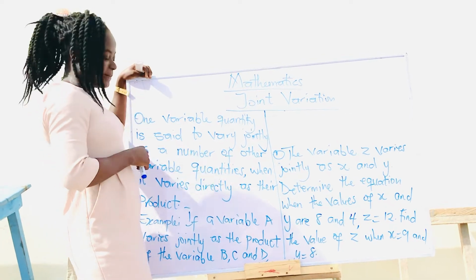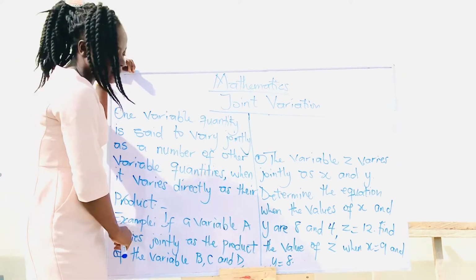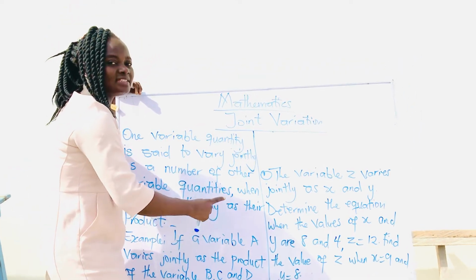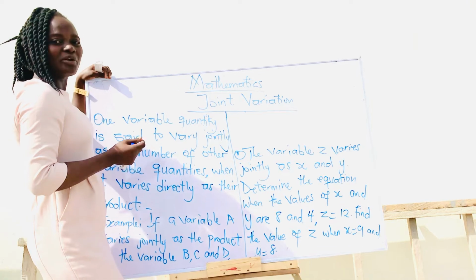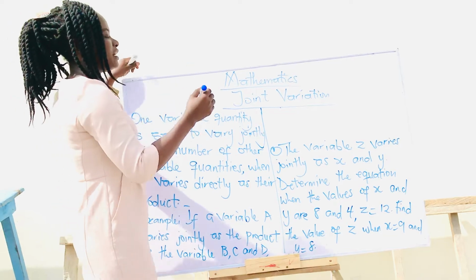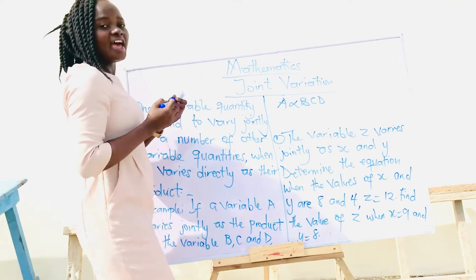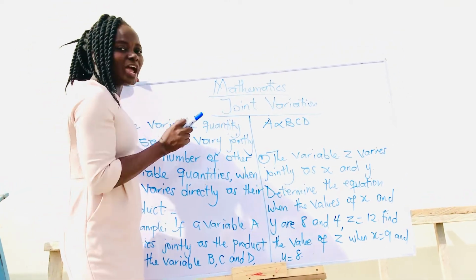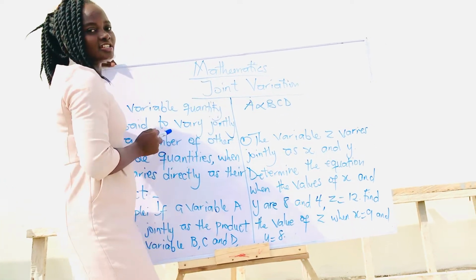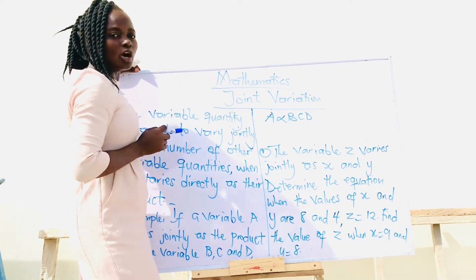So let's pick some examples. If a variable A varies jointly as the product of the variables B, C, and D, how do we write this mathematically? Since it is joint variation, it becomes A varies jointly as the product of B, C, and D. In this case, you just have to change the sign and introduce your equal to sign.